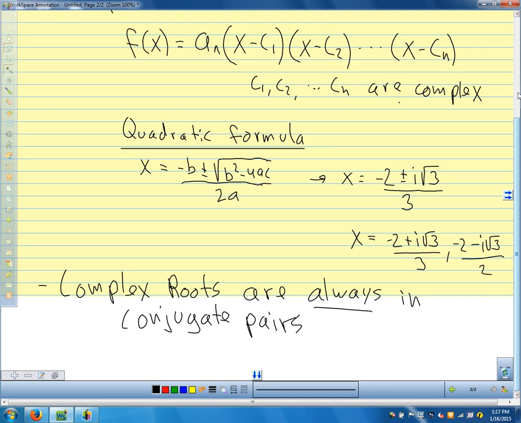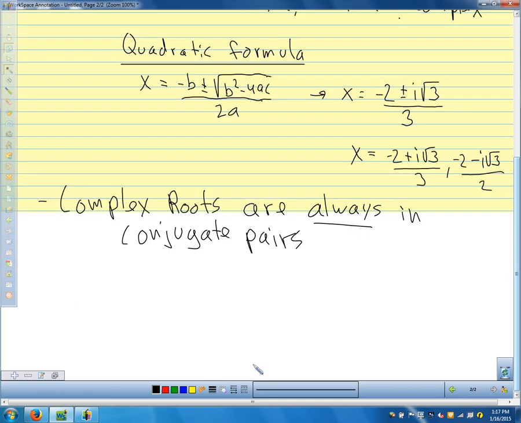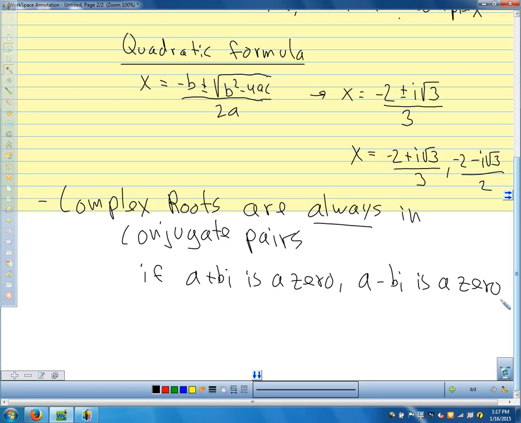So in symbols, if a plus bi is a zero, a minus bi is a zero. So our complex roots always occur in pairs, and those pairs are always conjugates. That gives us another little tool to work with when we're finding the zeros of our polynomial functions.